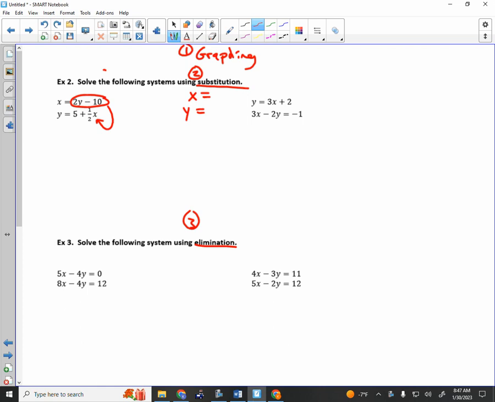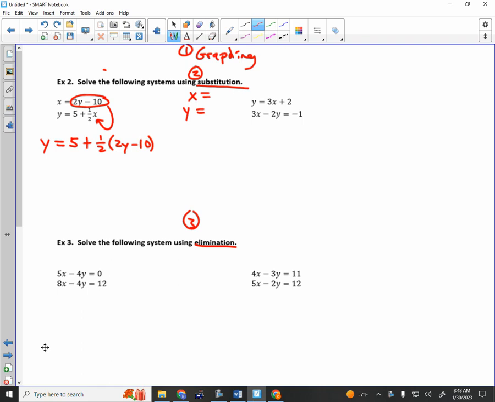Now I'm just going to write the bottom equation, but instead of writing x, I'm going to write whatever this thing is right here. So I have y is equal to 5 plus 1/2 times, I type in 2y minus 10. So instead of my x, I just type 2y minus 10. That's it.